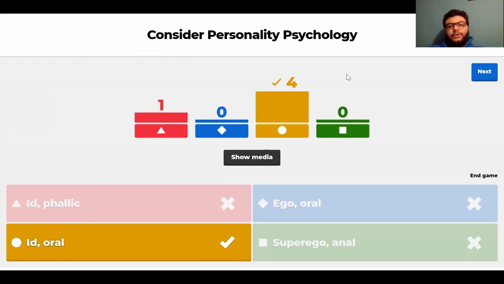Awesome. So the id is more related to the pleasure principle, and anything that has to do with the mouth, eating, smoking, talking, is an oral fixation.